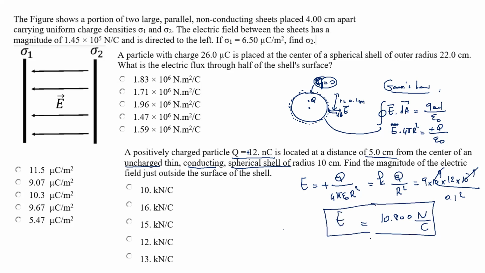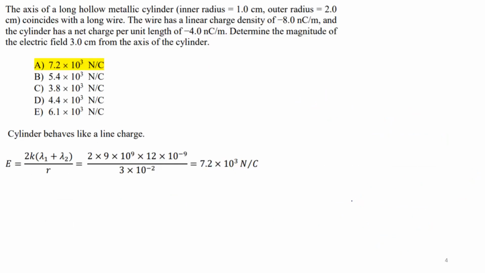So in two significant figures, you will just get, let's say, 11,000 Newton per Coulomb. So this is the right answer. Of course, here it should be 11, so it's a mistake, kilonewton per Coulomb. Clear? Next. Now let's solve this problem here, which is very important.